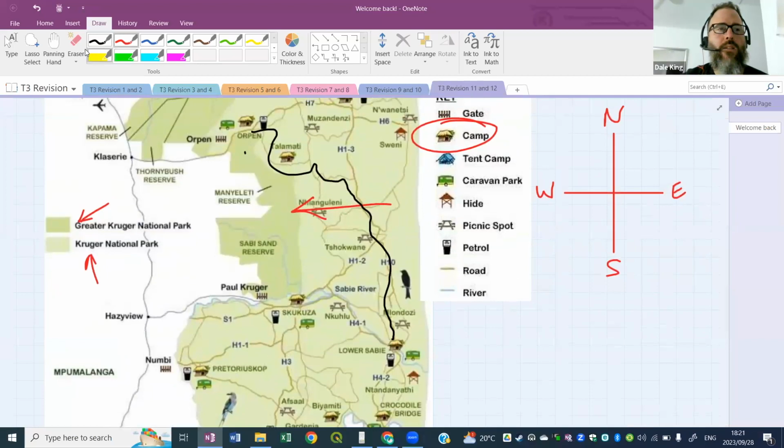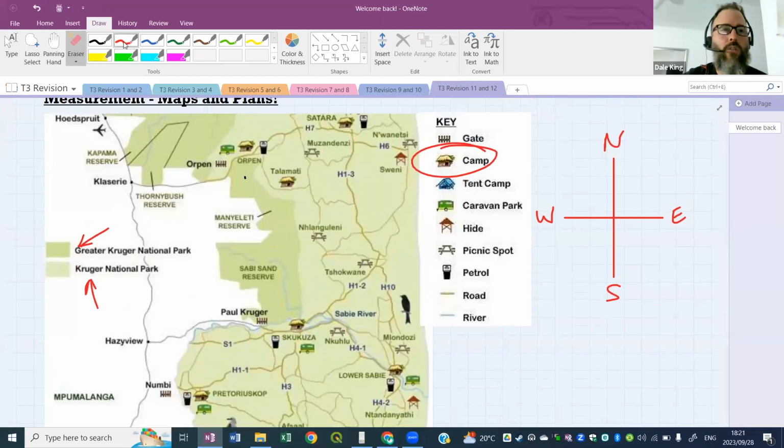So what they're saying is this route, I'll show you on the map here. They're saying show using that distance table that this route here from Orpin to the Lower Sabi is via Satara. There's Satara there at the top. Well, if we had from Satara to Lower Sabi, we could prove it.